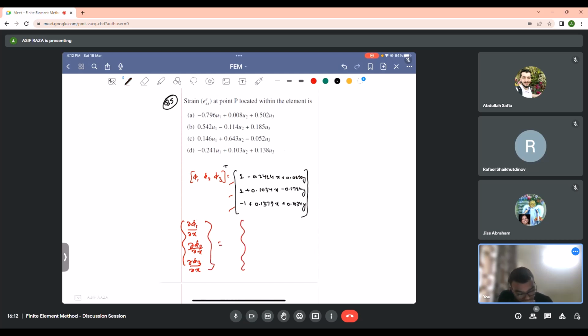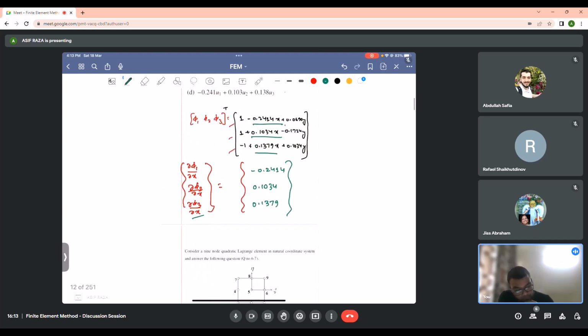This will be del phi 1 by del x, you just see here, so this will equal to minus 0.2414, right? Del phi 2 by del x here only, so this is 0.1034, and del phi 3 by del x is this, so 0.1379, right?